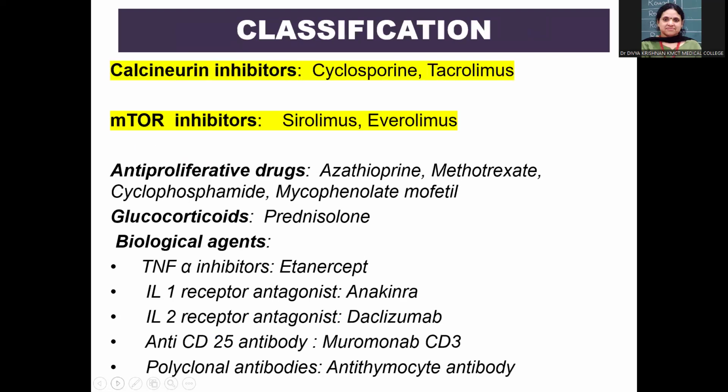Now, let us look at the classification. The classification includes calcineurin inhibitors, examples, Cyclosporin and Tacrolimus. Then we have got the mTOR inhibitors, which include sirolimus and everolimus.